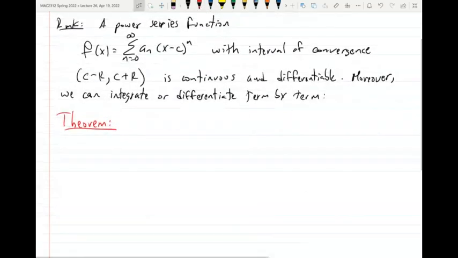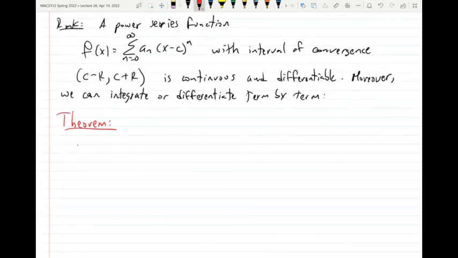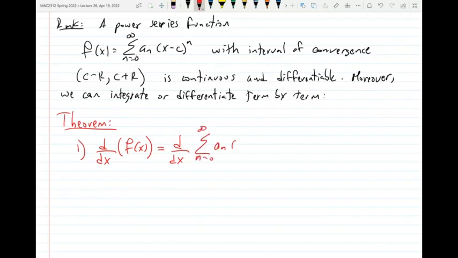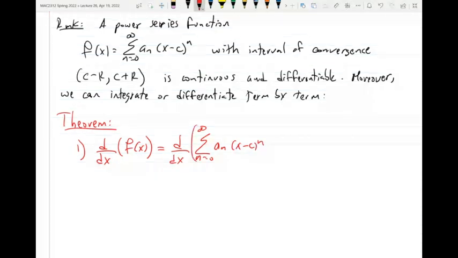Let me write down the first one. Number one: if you want to take the derivative with respect to x of this function, remember the function f is the power series. That's the derivative of the series from 0 to infinity of a_n (x minus c) to the n.